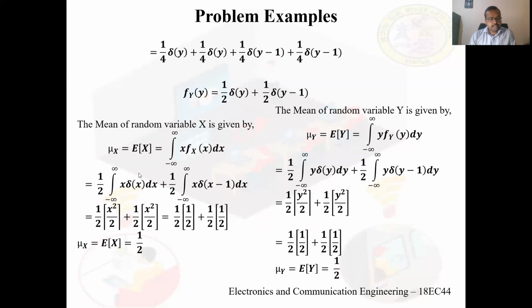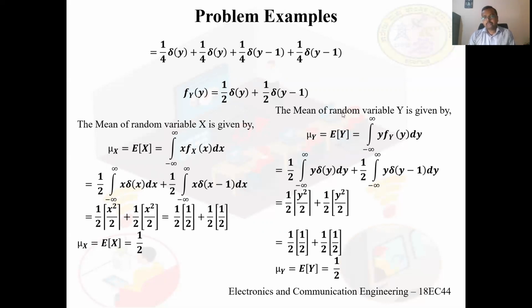Now evaluate this integration. This gives 1/4 plus 1/4, which is 1/2. So the mean of random variable X is 1/2.